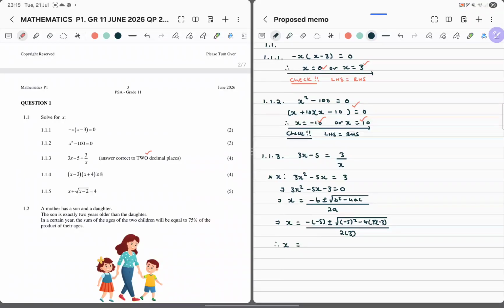Therefore, x is, let's just put it on the calculator. There's no need to waste time here simplifying because, I mean, there's no mark for that. So minus into minus 5 plus the square root of minus 5 squared minus 4 into 3 into minus 3, all divided by 2 into 3.